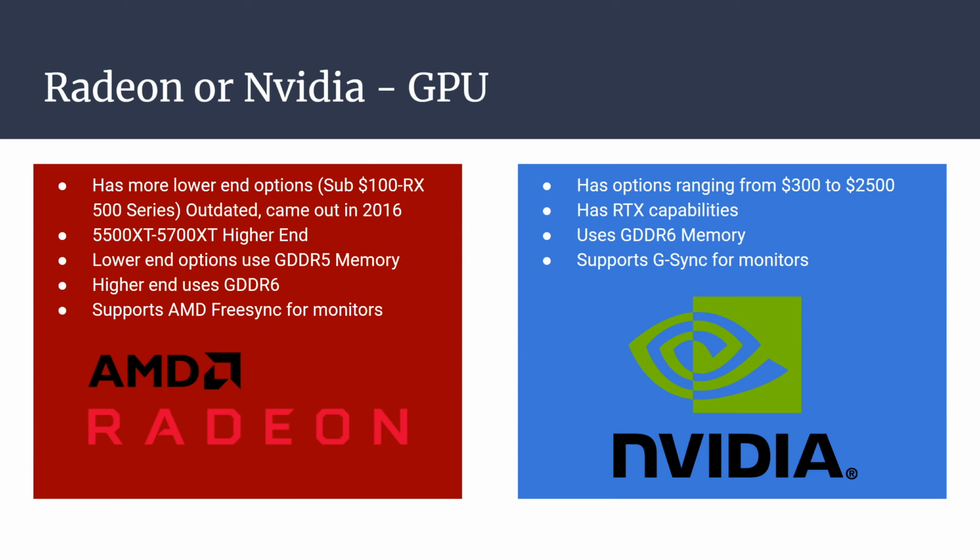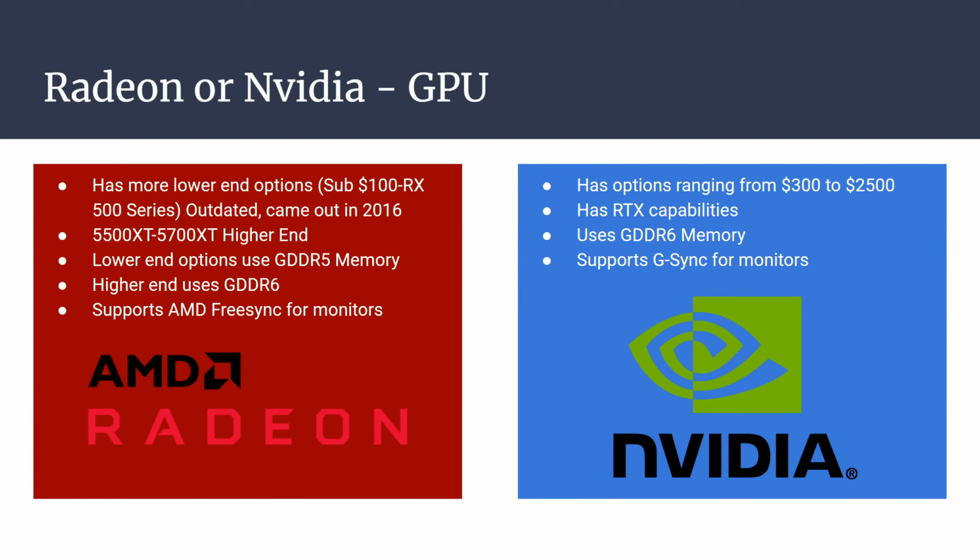The architecture on which these are built, like the 14 nanometer node and architecture I talked about in CPUs, came out in 2016. It is very old, while the Nvidia one came out in 2018. As these are old, they are getting much cheaper on the used market and even on the new market. The architecture name is Polaris.